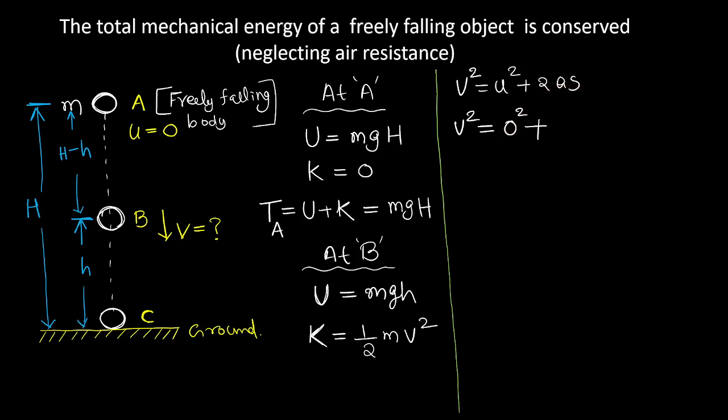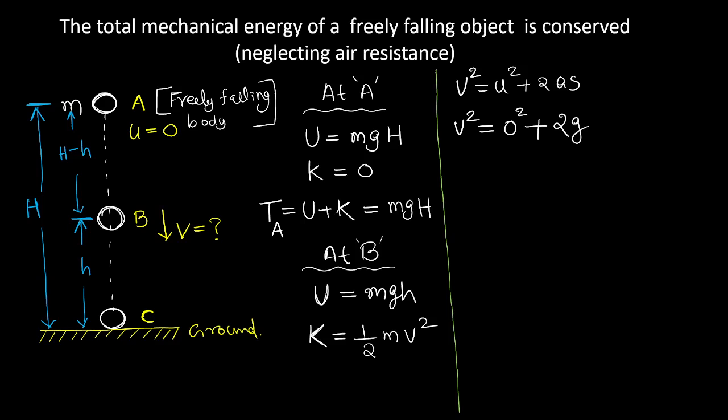2AS. 2 into A. For a freely falling body, the acceleration is g, 9.8. You studied that.